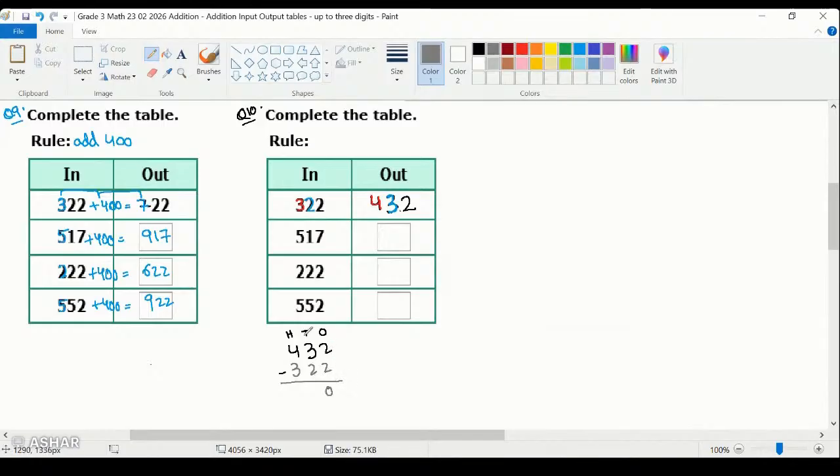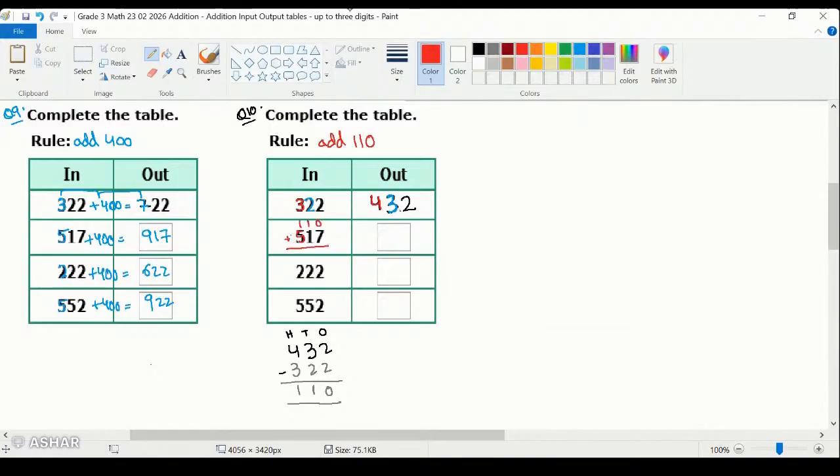But tens, 3 minus 2 is 1, and hundreds is 1. That means we said add 110. Perfect.